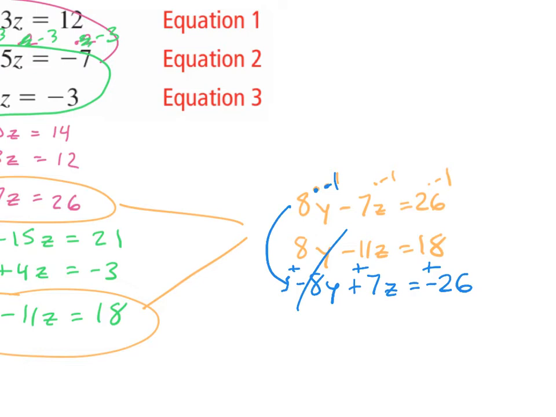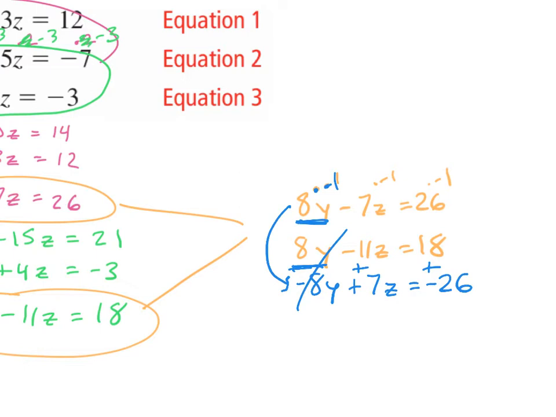Why didn't we just take out the y? Why do we have to make it a negative? We have to have opposites so they'll cancel out. So if we have a positive 8y, we need a negative 8y so they'll cancel out. Just being like 8 and 8, if we added those together, we get 16, which our goal is to cancel one of them out. So we need to make one of them negative.